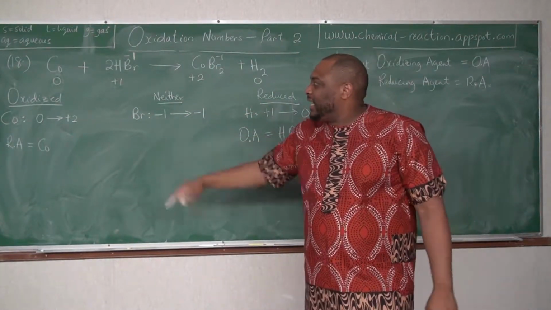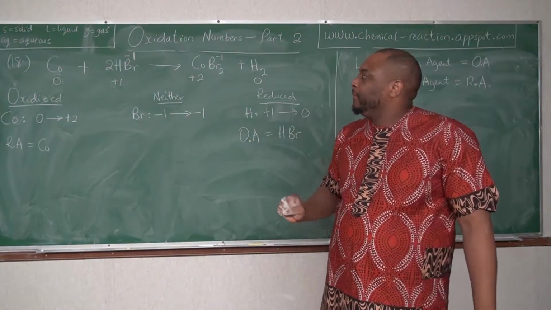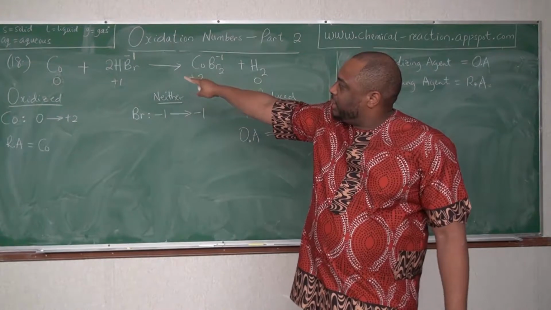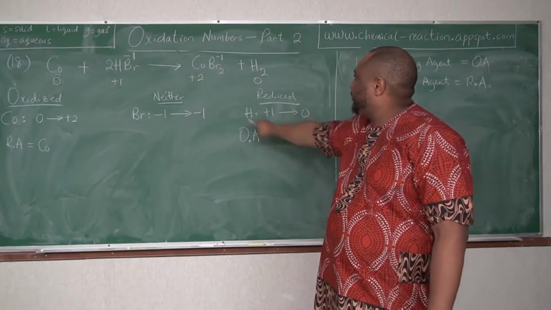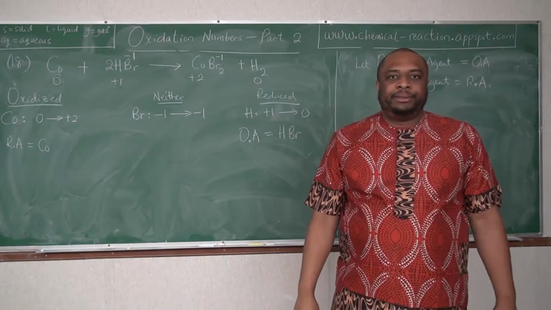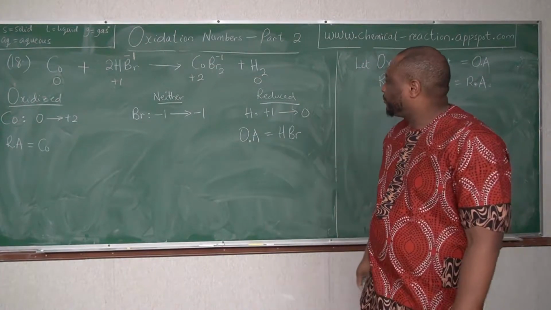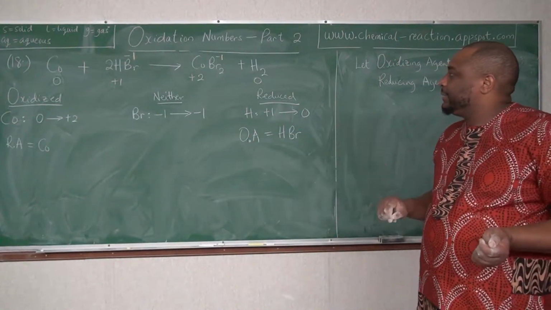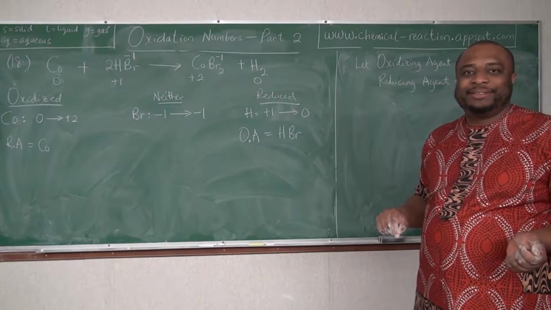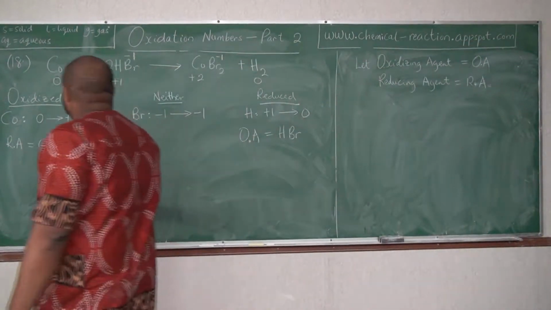But when you're writing the agent, write the actual substance: this is the reducing agent and this is the oxidizing agent. Hydrogen bromide, hydrobromic acid. Okay? Does that make sense? Got it? Question 19.